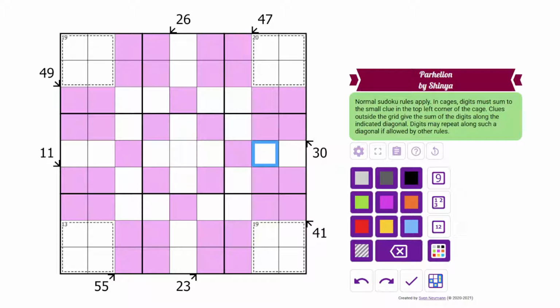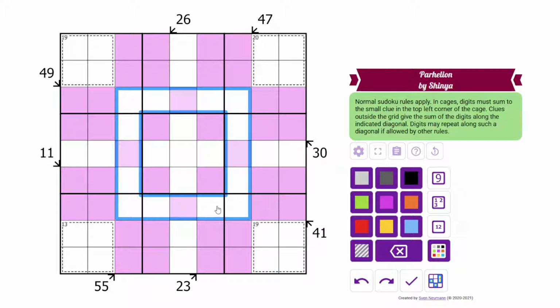All of the outside values, so 26 plus 47 plus 30 plus 41 plus 23 plus 55 plus 11 plus 49, 282. Oh. They've used the Fistmofel ring.